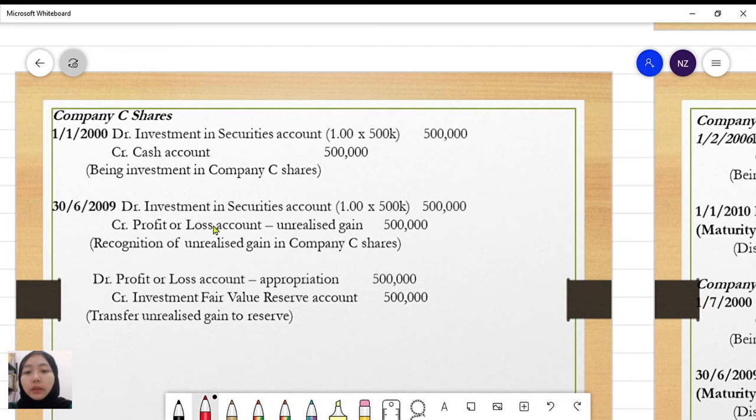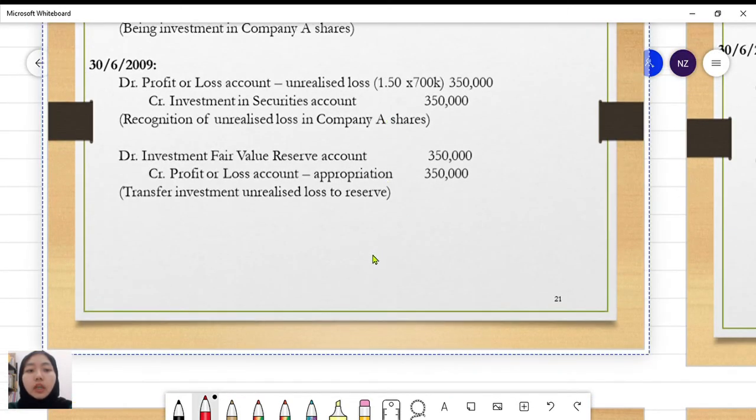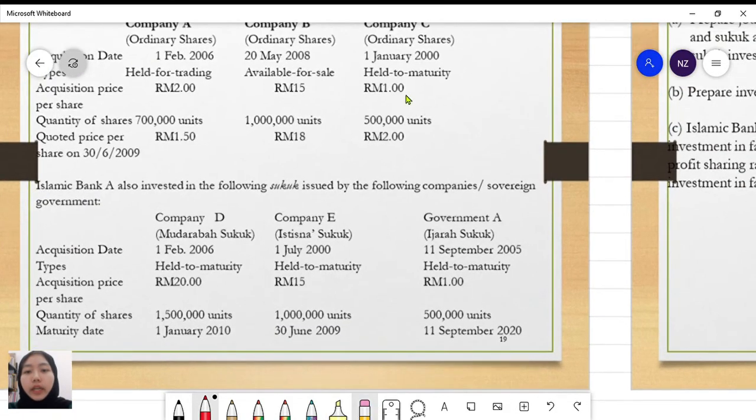And then because these are company C shares, we also get a gain. We look at the old price, which is RM1, and the new share price is RM2. There is an increase in share price of RM1, isn't it? RM2 minus RM1, an increase of RM1. So RM1 is our gain.